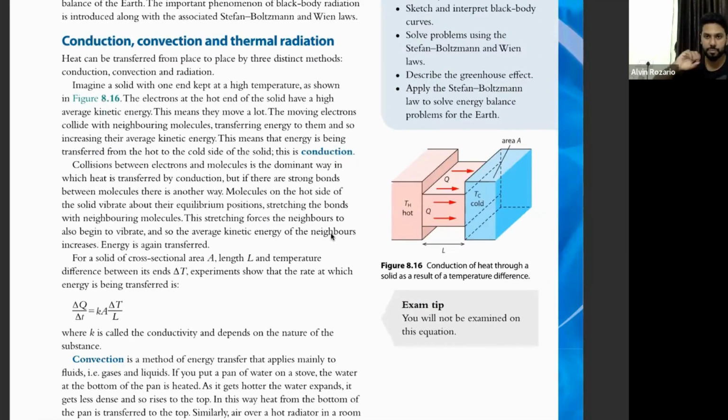thermal energy can transfer from one body to another body: conduction, convection, thermal radiation. Heat flowing through a conductor or solid is called conduction. Understood? In conduction, the vibrations are passed. Like if I have some conductor like this pencil.